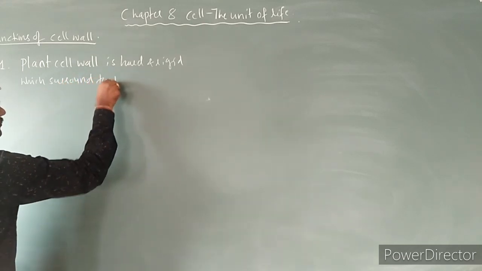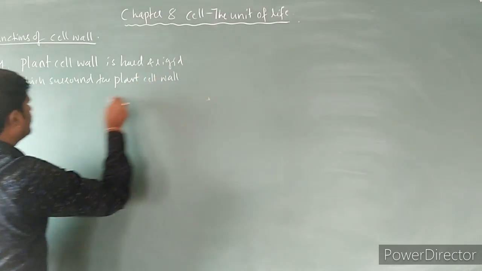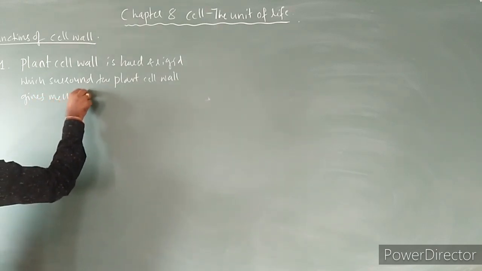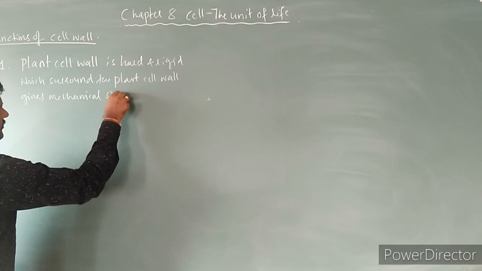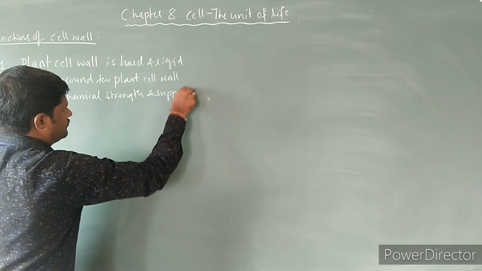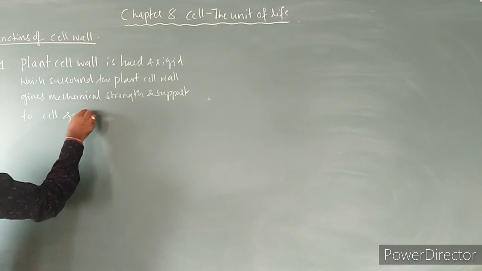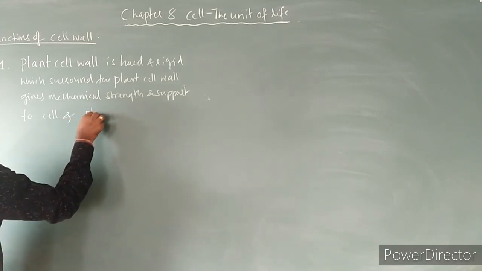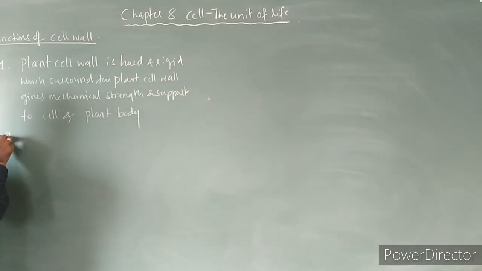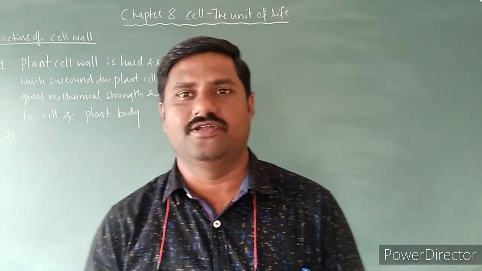The cell wall gives mechanical strength and support to the cell as well as the entire plant body. This is the first function of the plant cell wall.